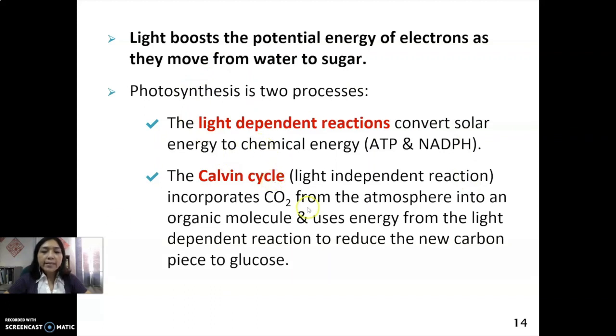In this process, it will incorporate CO2 from the atmosphere into an organic molecule and use energy from the light-dependent reaction to reduce the new carbon pieces to glucose. The light-independent reaction does not use sunlight, but in this process they will produce the glucose.